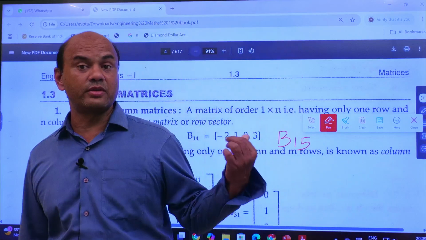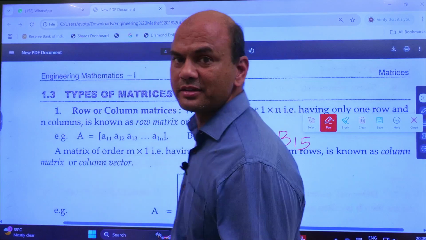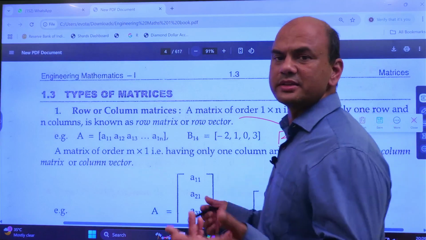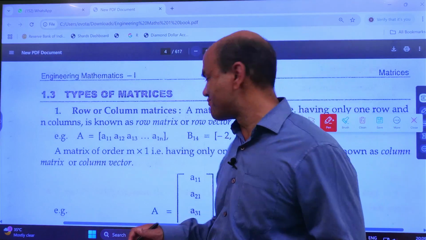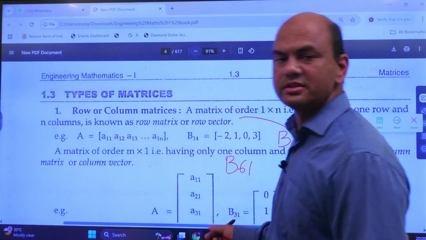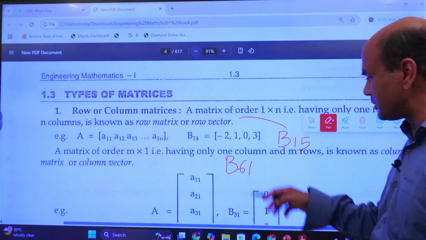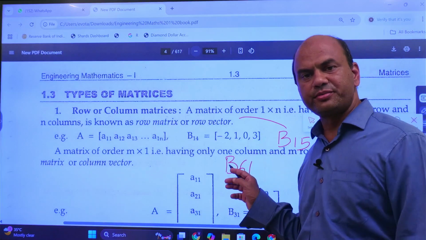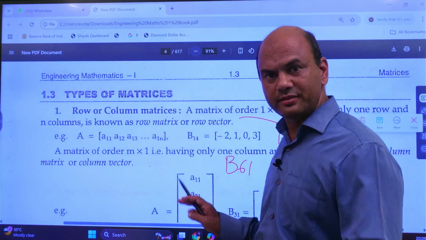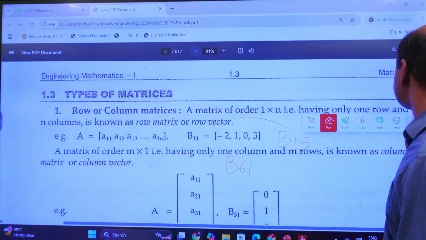How many rows are there? 1. So row matrix. B15 is a row matrix. If I write like this, B61. What is this? Column matrix. 6 rows, 1 column. Isn't it? Column matrix. Clear? Next.